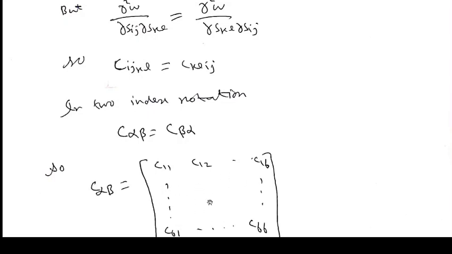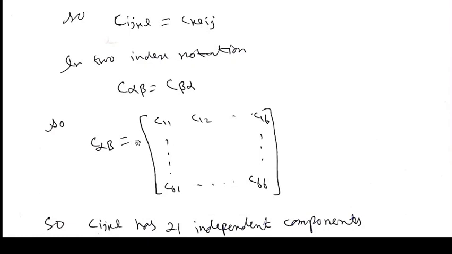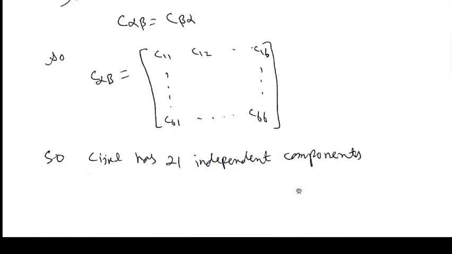So if this is symmetric, it means that these 36 independent components will be reduced to 21 independent components, because you have a total of 36: 6 in the diagonal and 15 above and 15 below the main diagonal. So 15 plus 6 is 21. So you have 21 independent components. We have reached the 21 independent components of that elasticity tensor, which has basically 81 components in total.